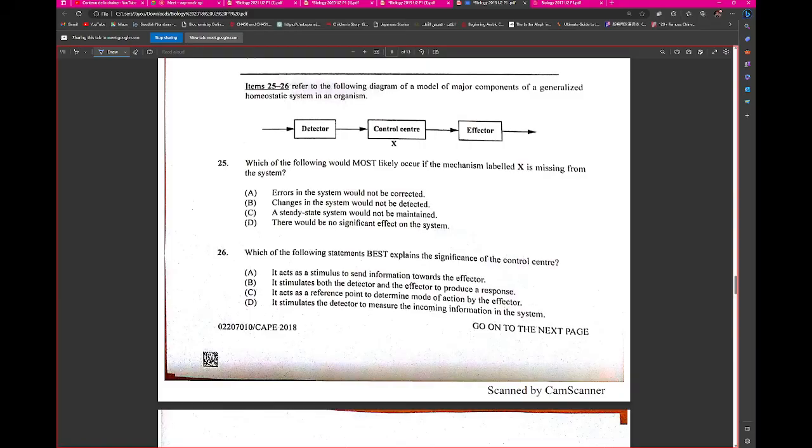I mean, C and A are kind of together. But it would be the effector that corrects it, though. Yeah, but it corrects it based off of the control center.